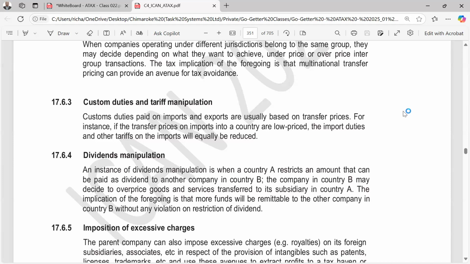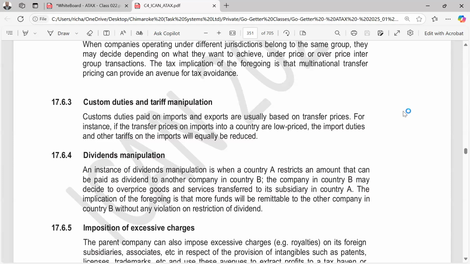Anything coming to Nigeria, when it is underpriced and it gets to the ports, they will charge it on how much it is priced, the transfer price.